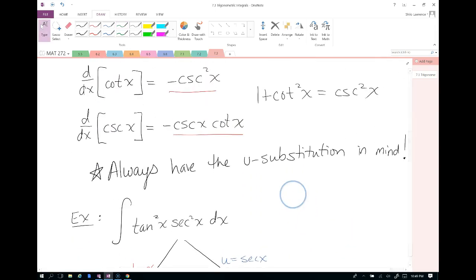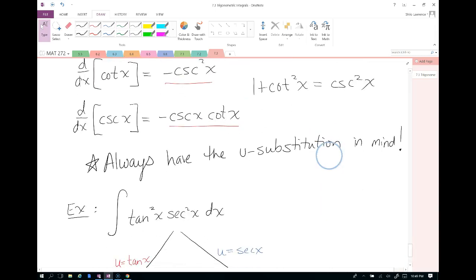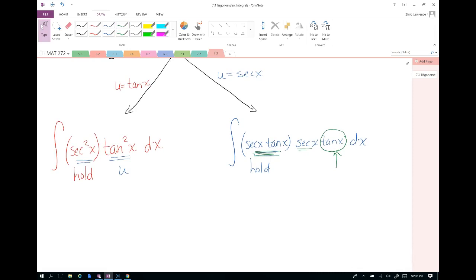And if you remember back to our Pythagorean identities, we can only switch over squares or multiples of squares. So this second way is not going to work, because we cannot switch a single tangent function into a secant function. So that way is not going to work at all.